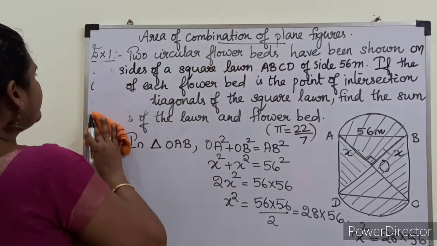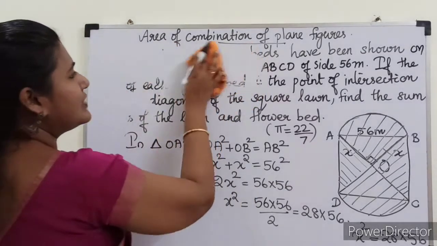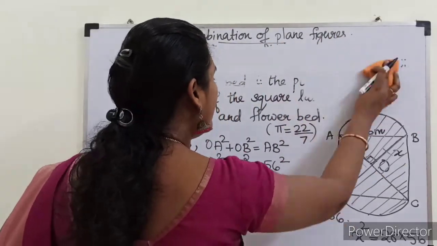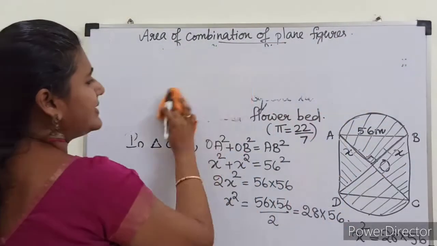So now we will see the area of the sector, and the total area of the square lawn and the flower bed.